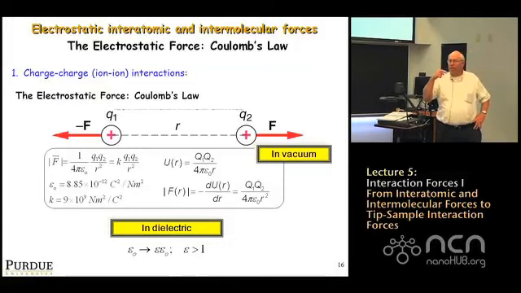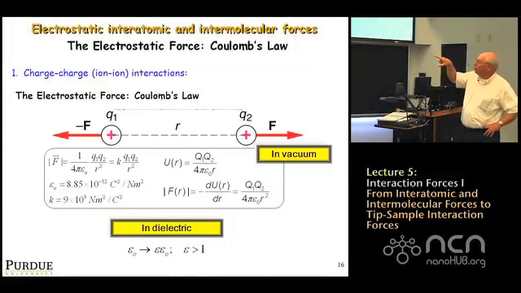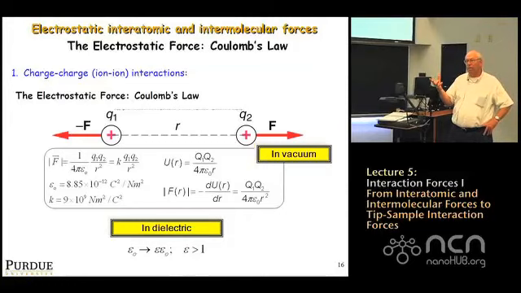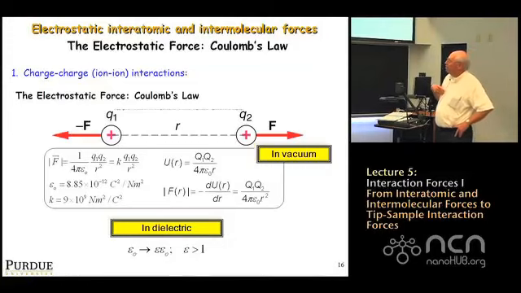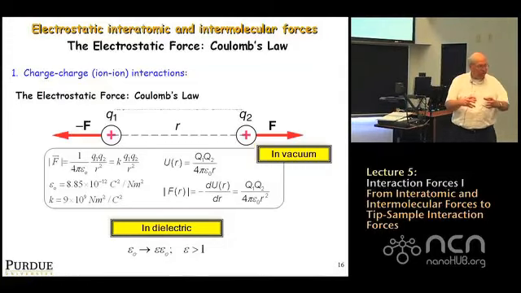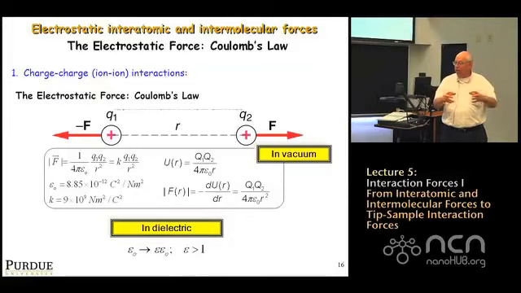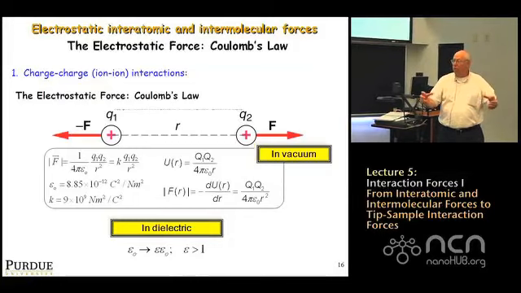The interaction electrostatic potential energy is this U of R, and it's only proportional to 1 over R. So it's related to the force by the derivative of U with respect to R, but it's got a 1 over R dependence, not a 1 over R squared dependence. It's important for you to realize that. So anytime you measure a potential energy, when electrostatics are involved and that potential energy scales as 1 over the distance between two objects, that would be a signature of ion-ion interactions.